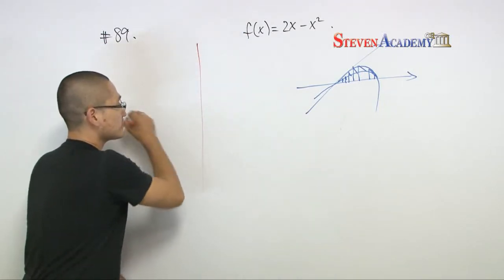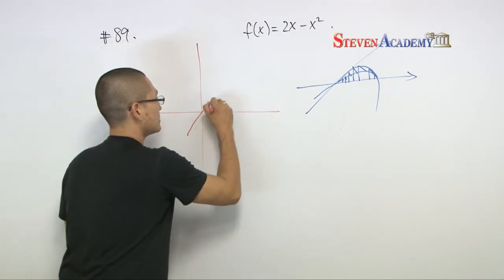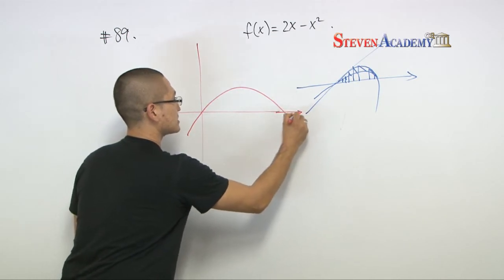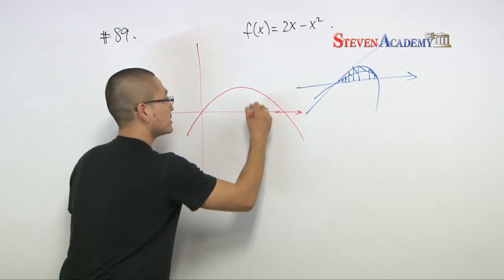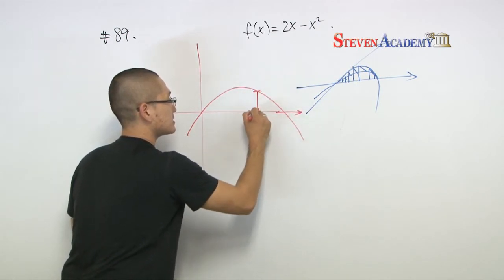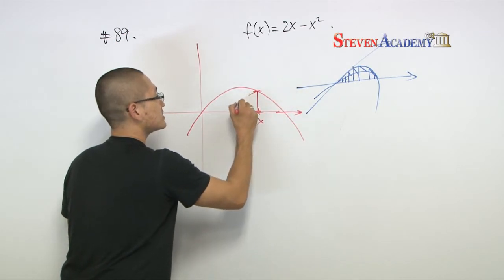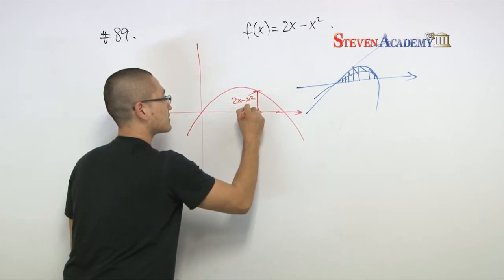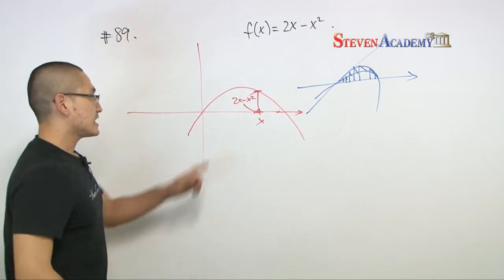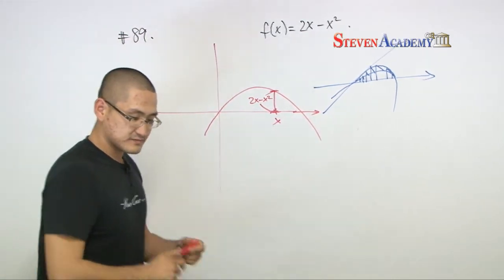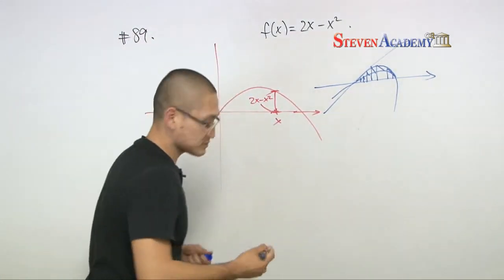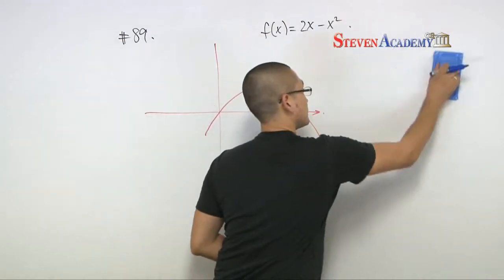So we're going to have a parabola that goes down like this, and pick any x. My height over here is given by 2x minus x squared. That's going to be one of my sides of the equilateral triangle, so we will draw it over here.